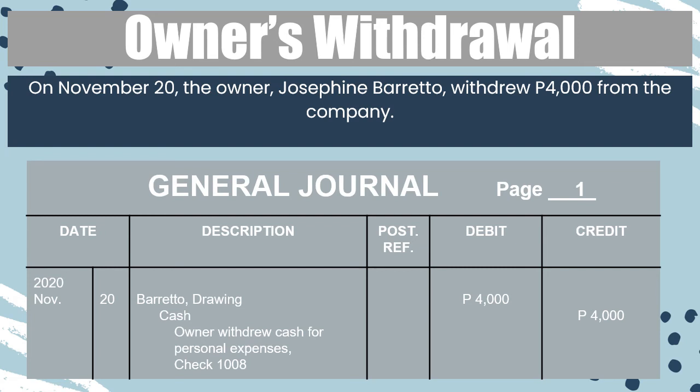So, Barretto drawing, so increase siya kasi nagkaroon ng drawing ang owners, so amounting to 4,000 pesos under ng debit side, and the cash, so nagbawas kasi tayo ng cash, kaya ito ay nasa credit side. Nag-decrease ang cash natin kasi nagbigay tayo ng 4,000 pesos kay Josephine Barretto kasi siya ay nag-withdraw. So, ang simple explanation dito is that owner withdrew cash for personal expenses. Check 1008.